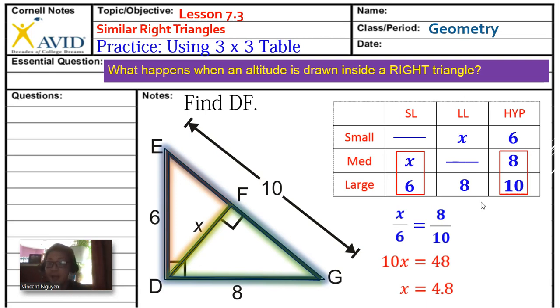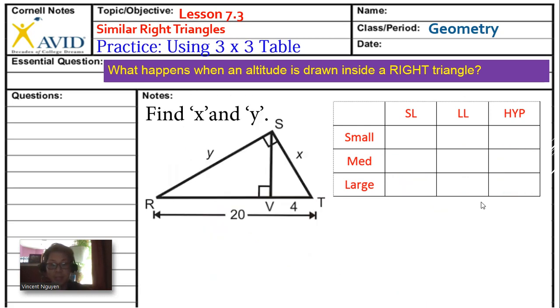All right, let's try another one. We're going to get to one that's a little bit complex, right? In this problem, we get two variables. That means there are two segments that they want us to find, okay? So you're going to love this table because it doesn't matter how many variables they throw in there. As long as you can set up your proportion, you can find them, okay? So let's look at the small triangle.